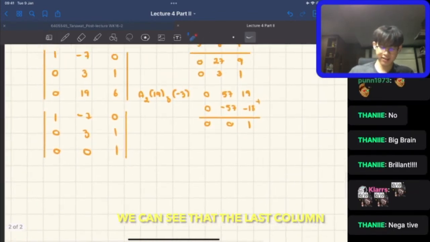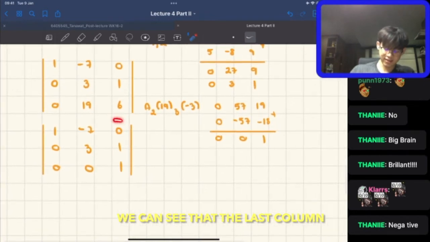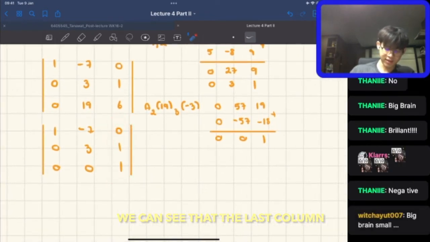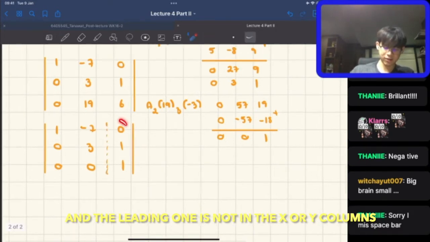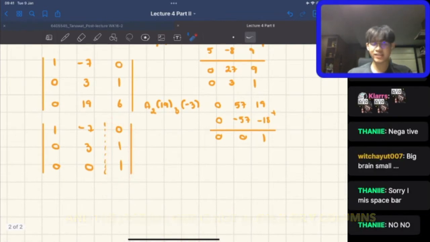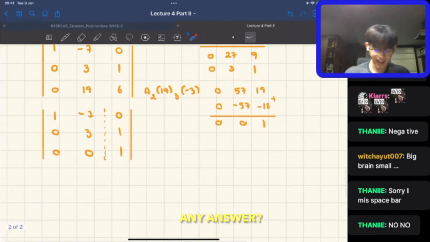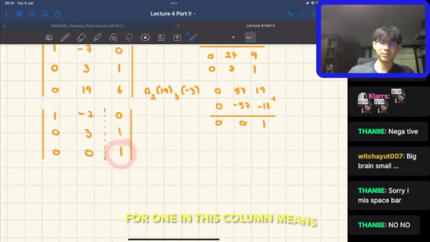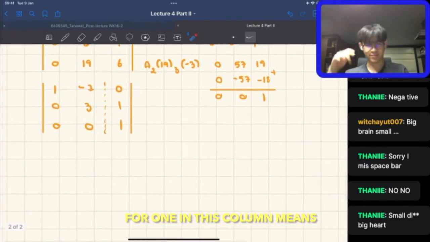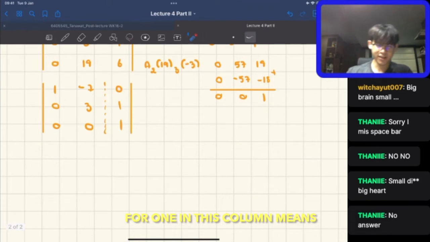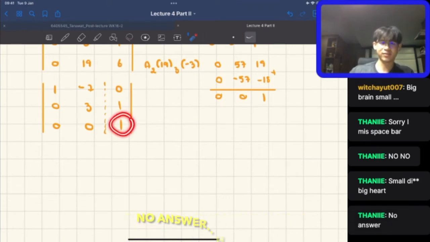Okay, so you can see here, in the last column, the leading one is not in x, y, but in the last column. So what does it mean? Are there any questions, any answers? What does a 1 in this place mean? I think that's incorrect. I'm waiting for. What does it mean? No answer.